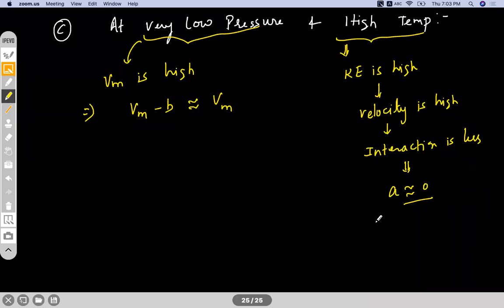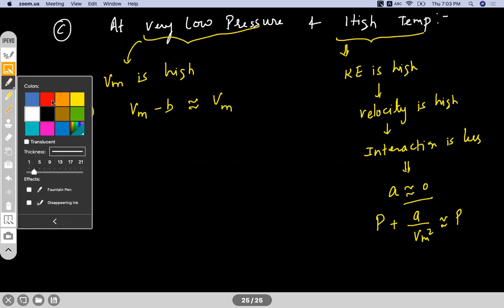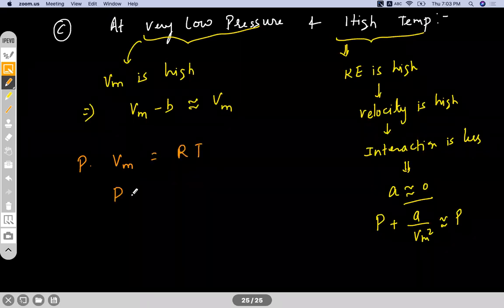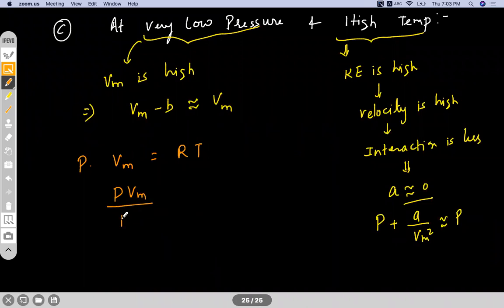So because of all these things, P + a/Vm² is almost equal to P. If you apply these two conditions into the van der Waals equation, you will get PVm = RT, and hence PVm/RT, which is nothing but Z here, the van der Waals compressibility factor, is equal to 1.